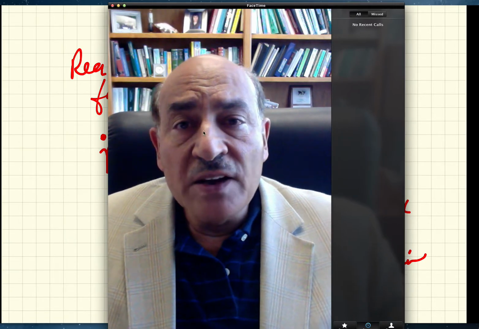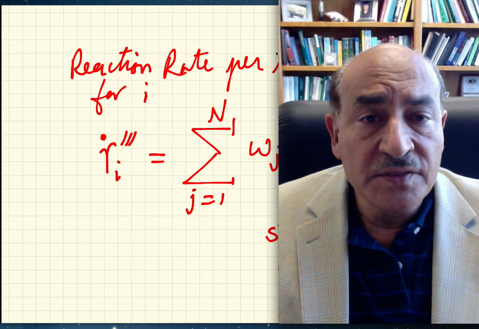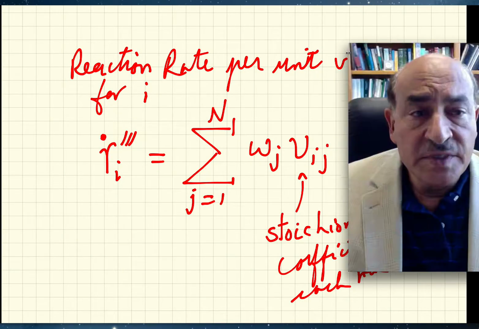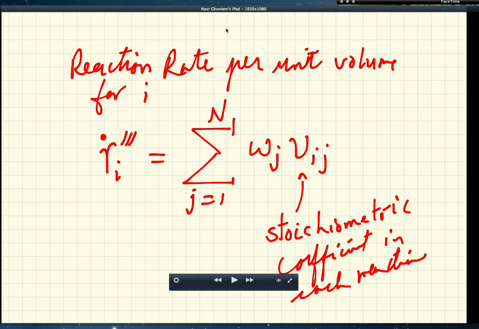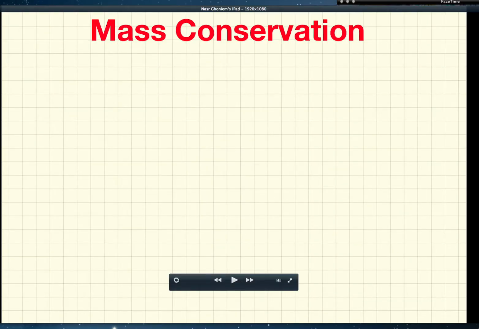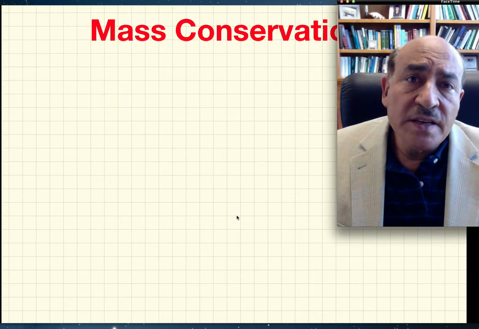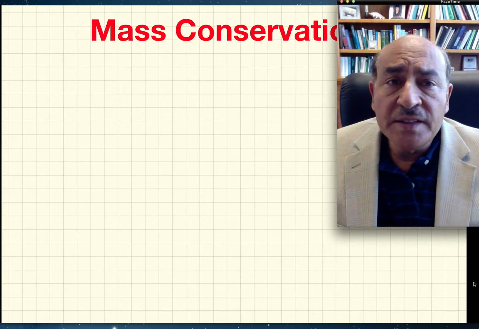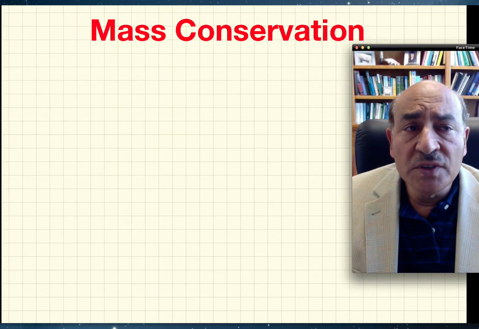So I'm going to now work on conservation of mass, and let me have a little bit of space here to start working on it with you. If we look at mass conservation, I'm going to write the equations for the total mass.